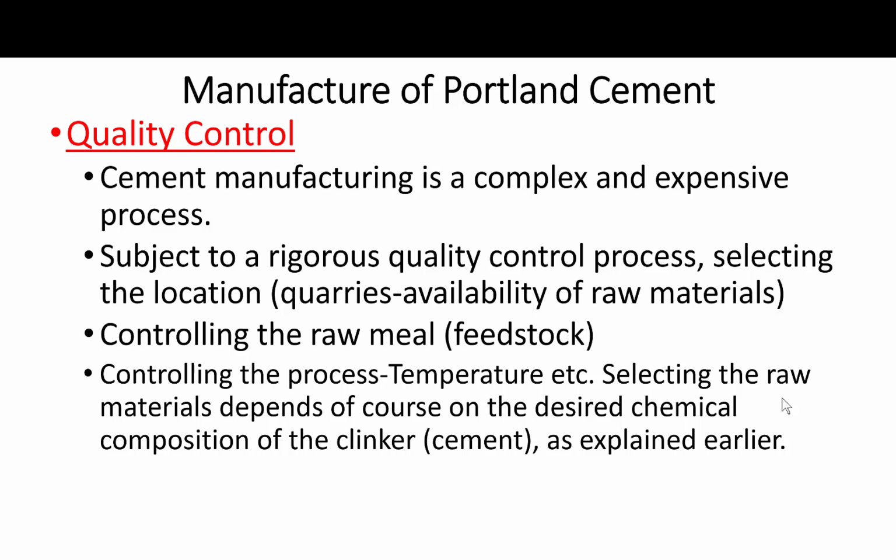So a rigorous quality control system must be in place, from selecting the location, which is the quarries and availability of raw materials, to controlling the temperature inside the kiln, as it will affect the chemistry and morphology of the phases, to the cooling rate, which also will impact the reactivity of the cement. So again, it's a very involved process, and quality control is key.